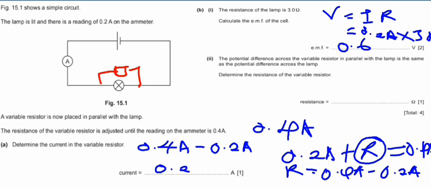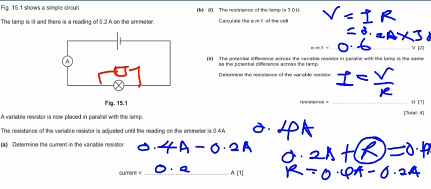Now what you need to know is that when the components are in parallel in a circuit diagram, they have the same potential difference or voltage, which means the lamp and also the variable resistor are having the same voltage, which is this one here, 0.6 volts. Current is equal to voltage divided by resistance.